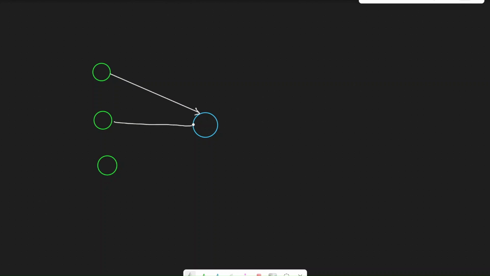So this one goes here, this one goes here, and this one also goes over here. Now these inputs, let's say they are x1, x2 and x3. Weights associated with these inputs, I'm assuming they are w1, w2 and w3. So weight for x1 is w1, weight for x2 is w2 and weight for x3 is w3.